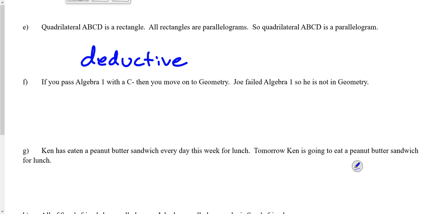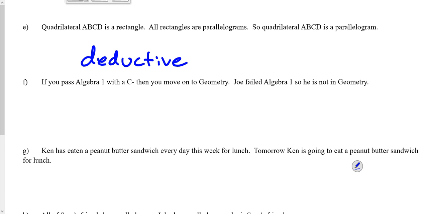So we see that ABCD is a rectangle. We know all rectangles are parallelograms, so ABCD is a parallelogram. Deductive.